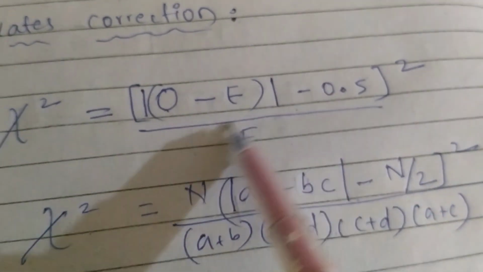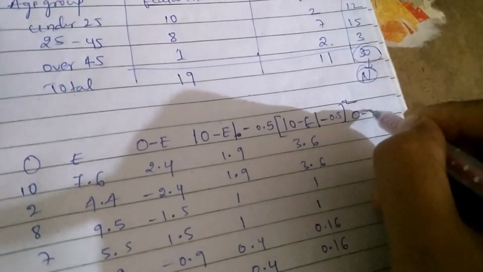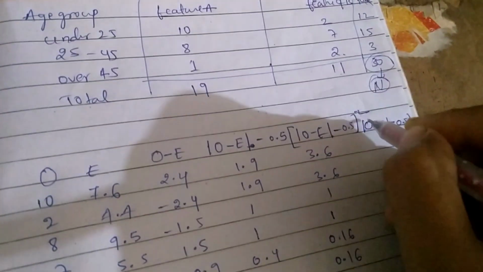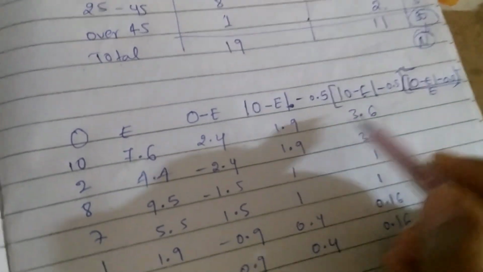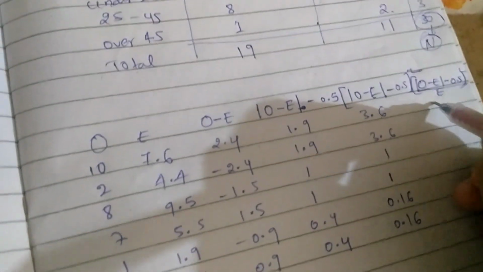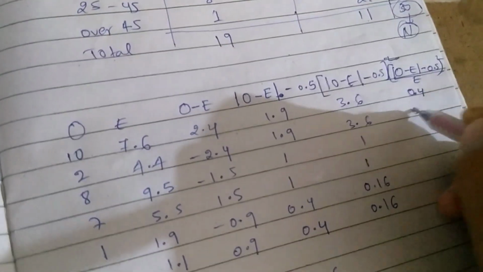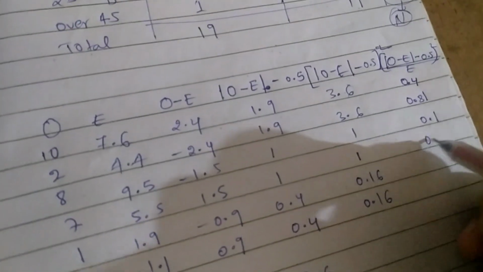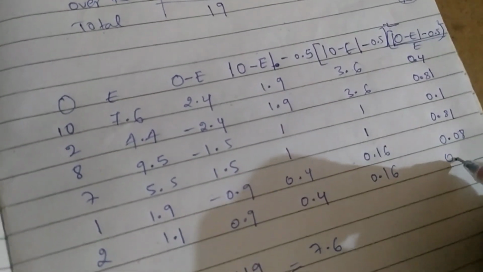Next we have to divide by expected frequency. So observed frequency minus expected frequency, modulus, minus 0.5, whole square, divided by E. After dividing, we get 0.4, this will be 0.81, this is 0.1, this is 0.81 again, this is 0.08, and this is 0.14.